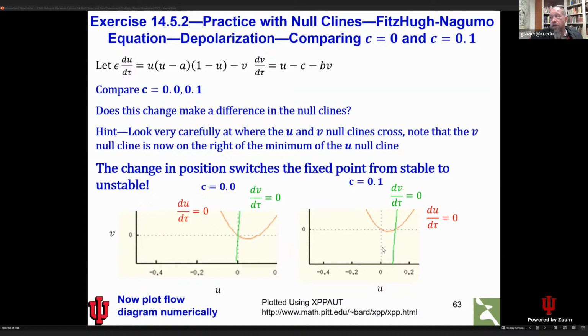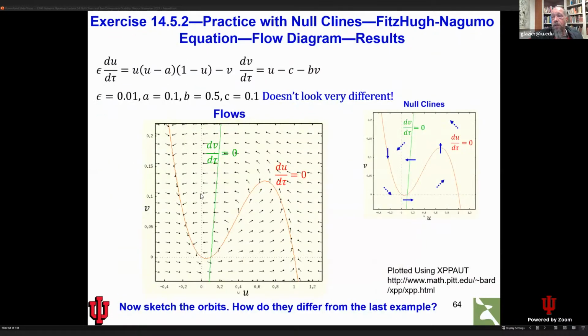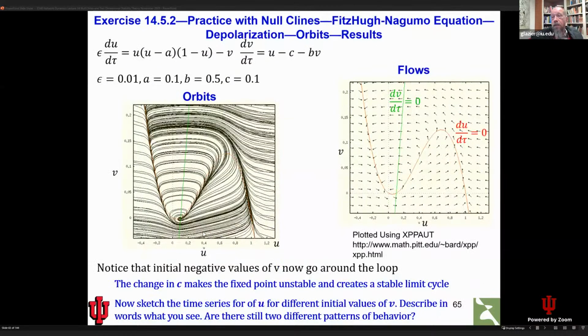So here I've zoomed in, and I've switched from a stable fixed point to an unstable fixed point. If I look at the flows, they don't look any different. They look exactly the same. But now look what happens to my system. Notice what happens.